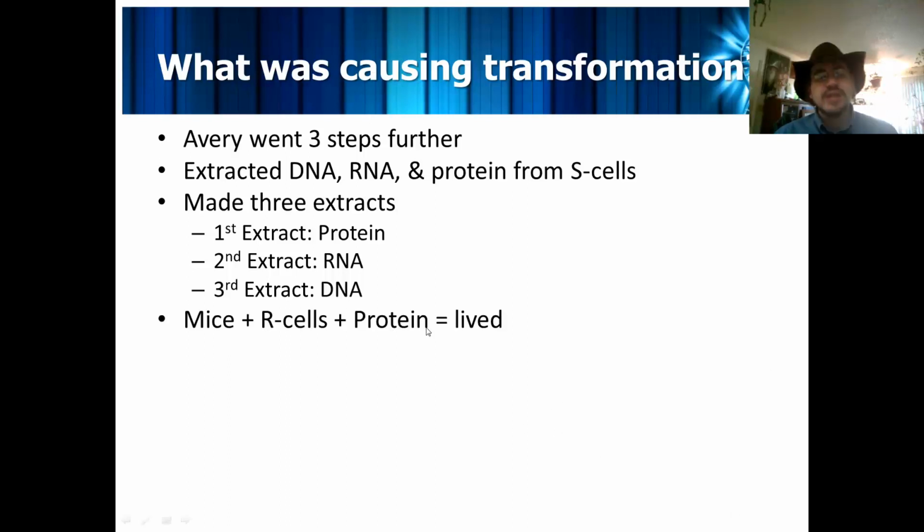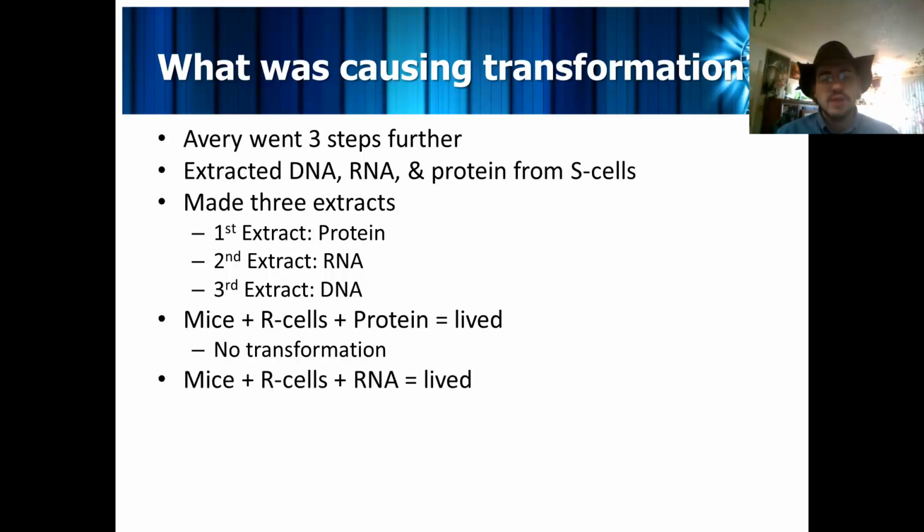When he injected mice with R cells and S cell proteins, the mice lived. So no transformation occurred. The R cells stayed harmless. Then when he injected mice with R cells and RNA from the pathogenic S cells, the mice lived. No transformation.